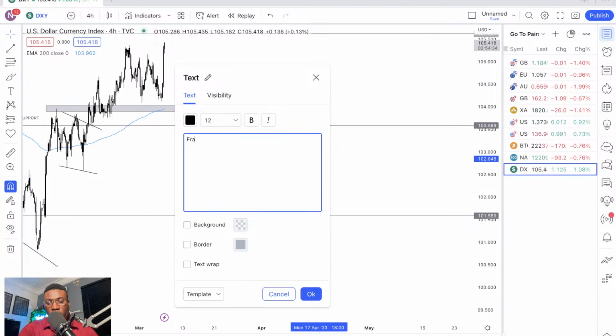So before you start trading, you want to have a framework that would consist of your understanding of market structure. And by market structure, we're talking about key levels, right?